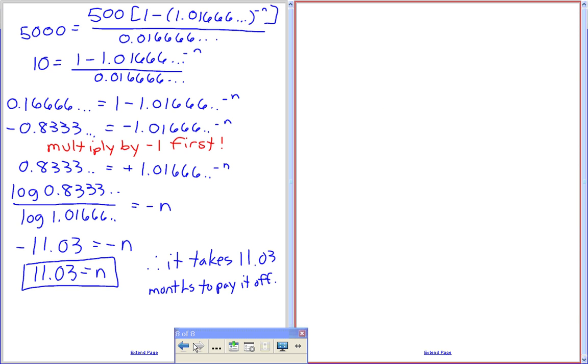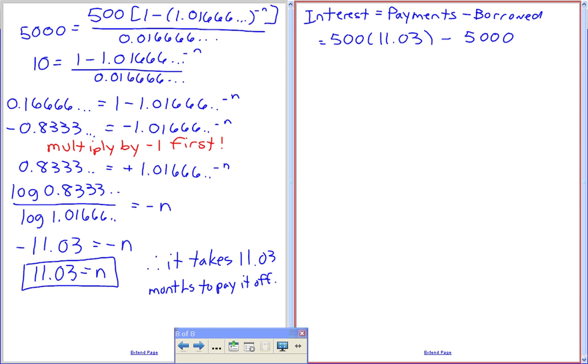Okay, so the interest is going to be payments minus borrowed. So the payments are 500 times 11.03 minus 5,000. All right, what is 500 times 11.03?